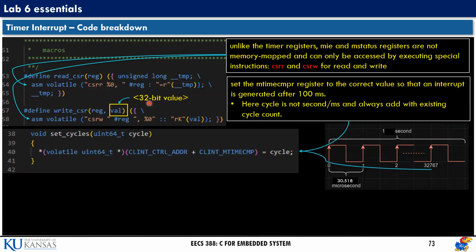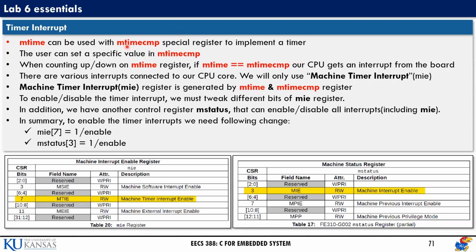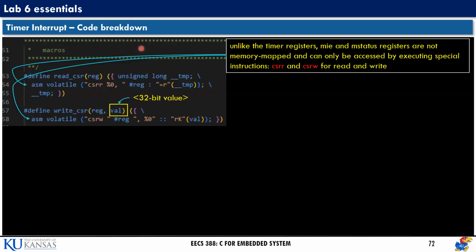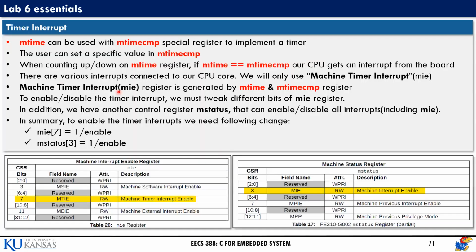Next, we have another function that is set cycles. This is basically setting the number of cycles we want to compare with the M time register, right? As we know, we have two registers, M time and M time compare. So we are setting a fixed cycle count to this M time compare register, and after that, this value will be compared with our M time register.